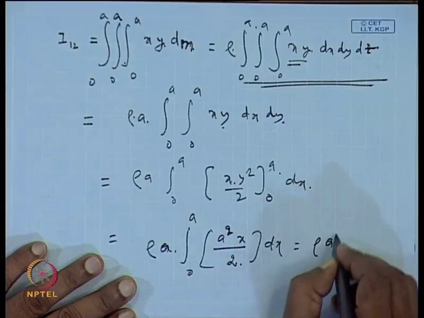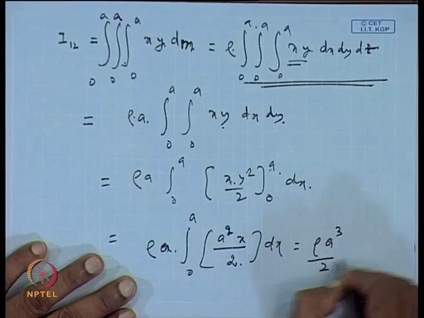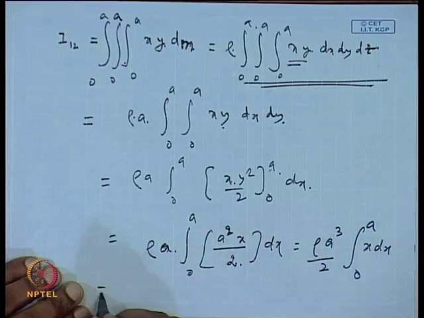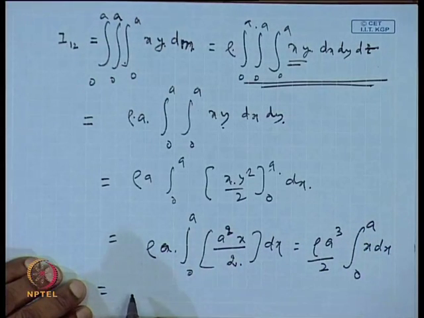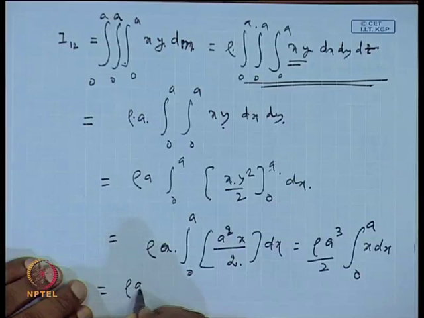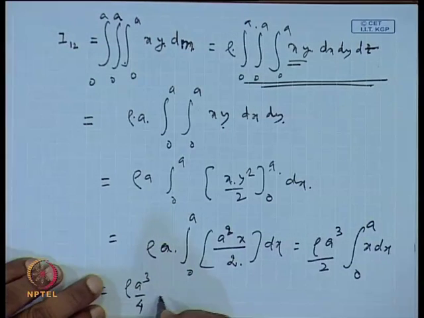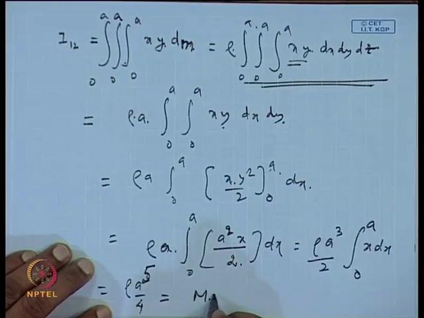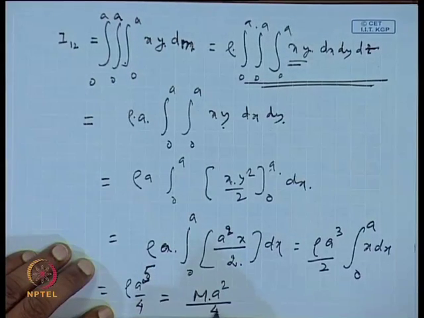So, this is rho a cube divided by 2, x dx, from 0 to a. Ultimately this will also yield a square by 2. So, this becomes rho a cube by 4 a to the power 5 by... So, this becomes m a square divided by 4.